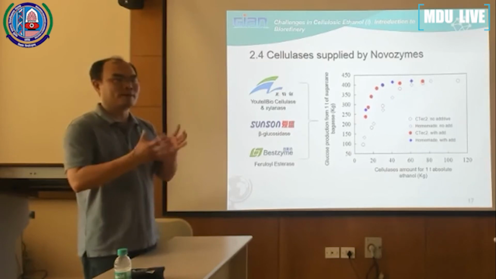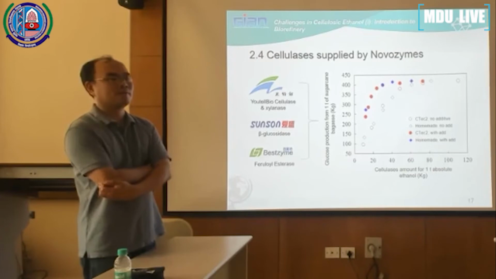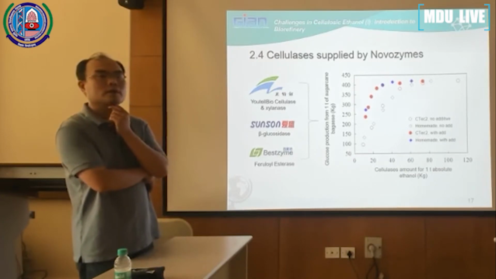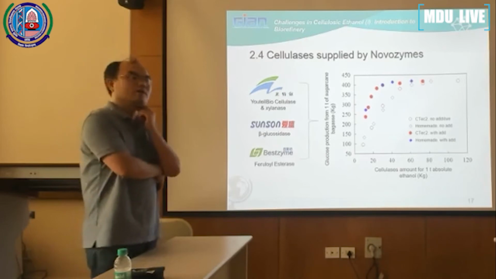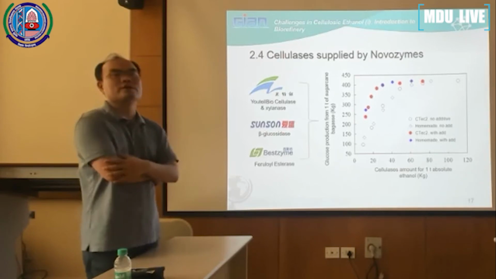In China, some pulp fiber is used for customers. In what ratio do you use all these three enzymes to get an efficient option? What's the ratio?